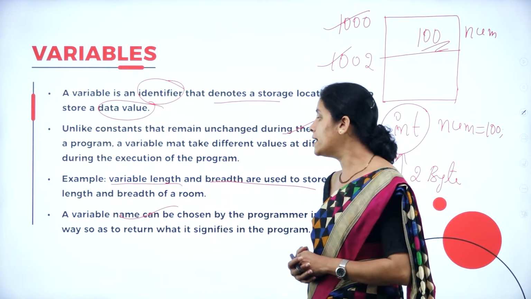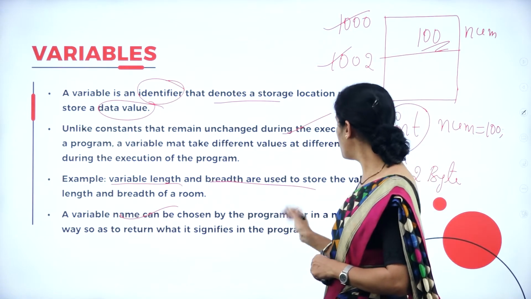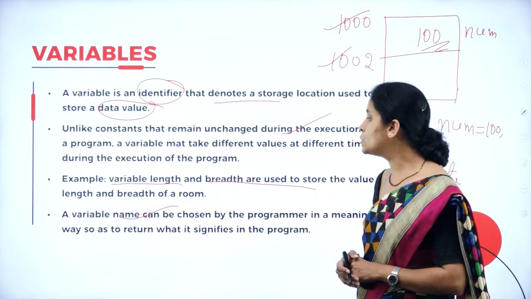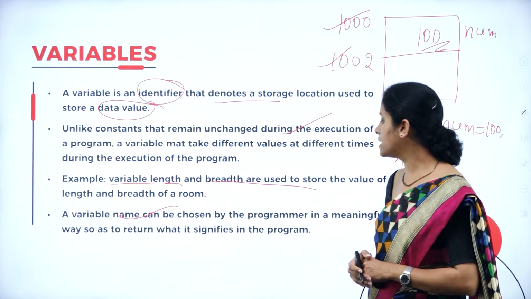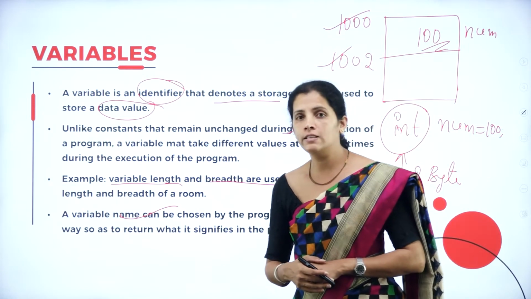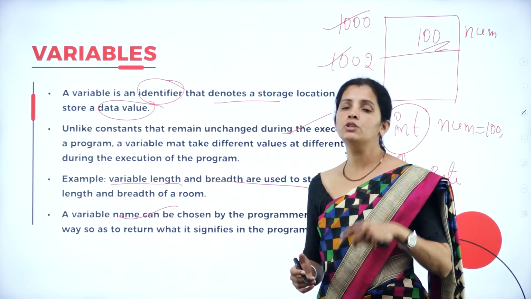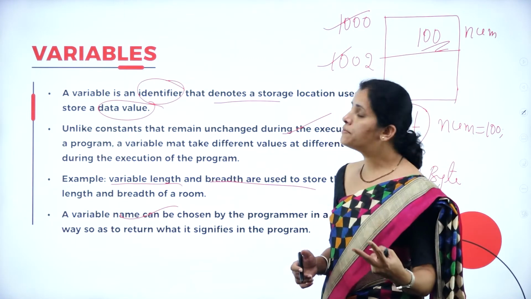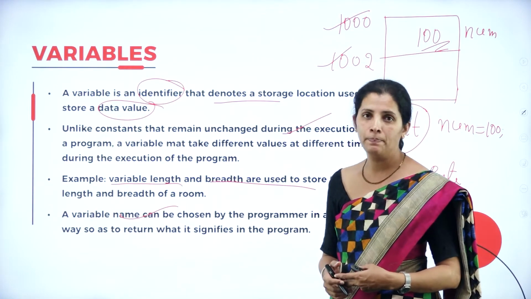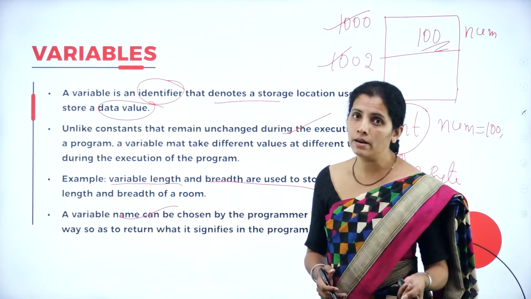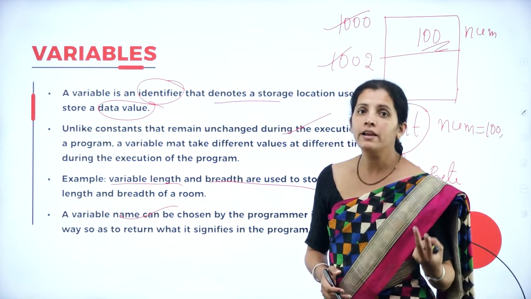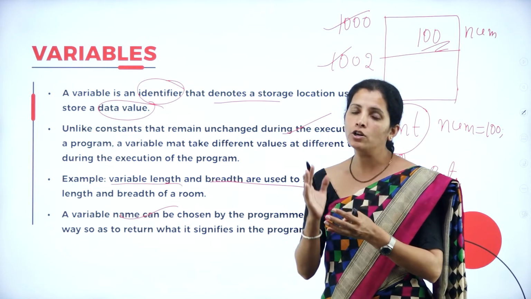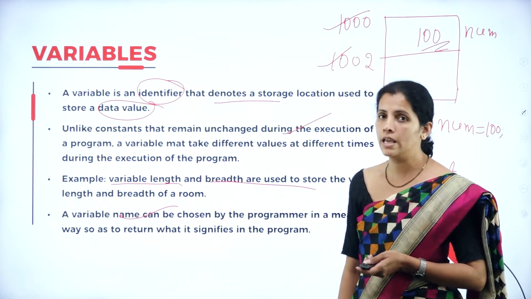So a variable name should be chosen by the programmer in a meaningful way, so as to indicate its significance in the program. For example, think that I'm going to use pi. To indicate that it is pi, it's better to specify the variable name as pi. And if I'm going to use a number, then it's better to specify number. So while specifying any variable name, it's better to specify some meaningful name.